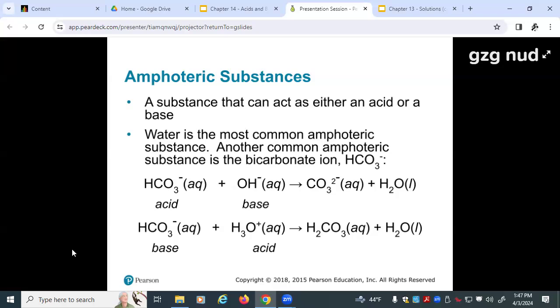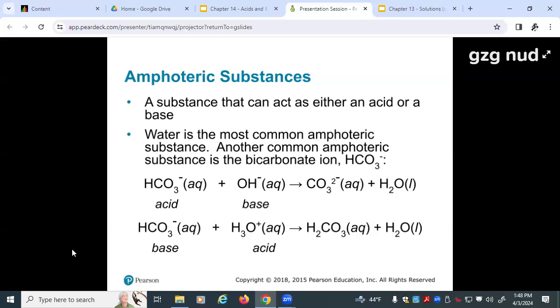Bicarbonate is another prime example. Bicarbonate ions usually act basic. But if you put them in the presence of a strong enough base, they'll actually act acidic. And yield different kinds of results as a consequence.